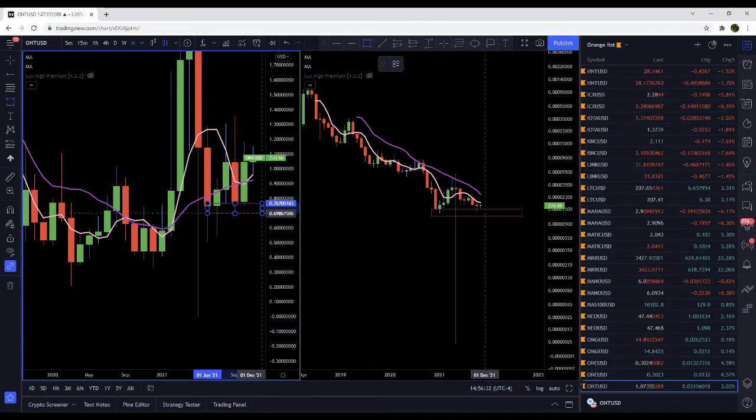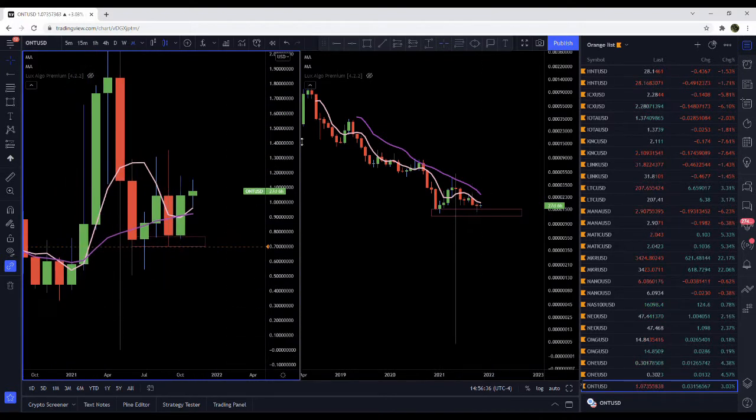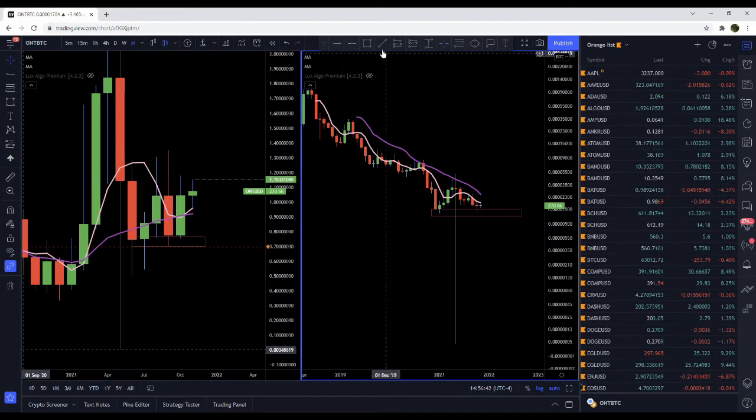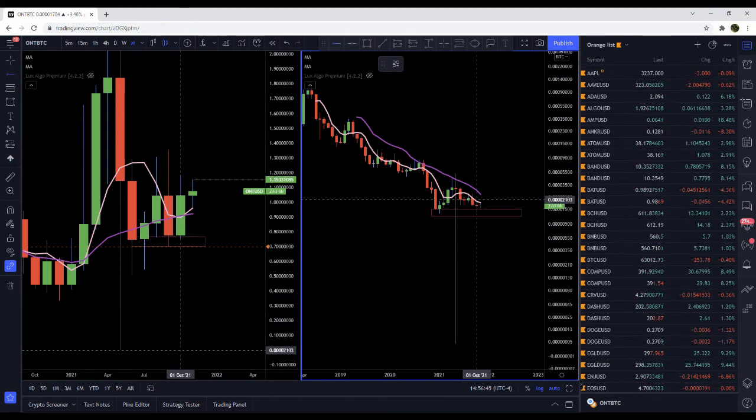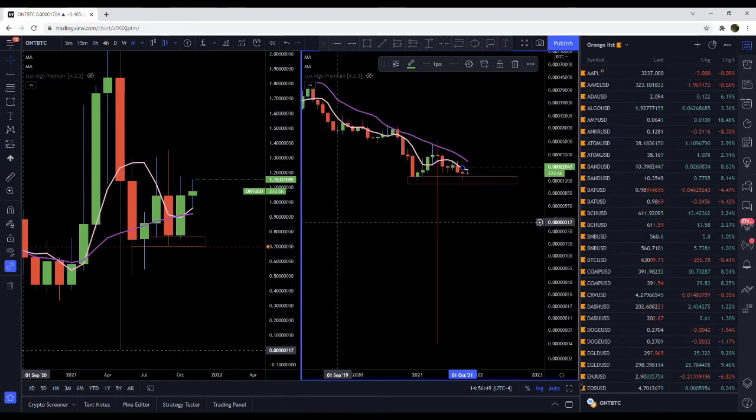We do have all this down here. But what we would need, we have structure there. We have some structure here on the monthly.